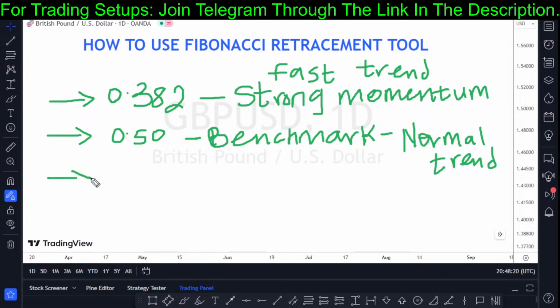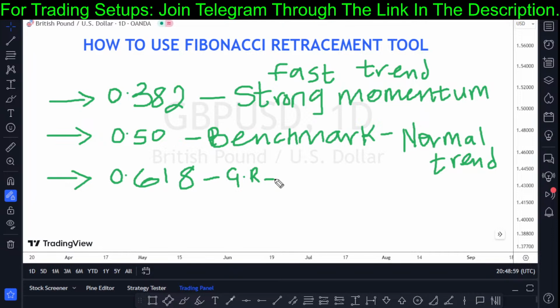The next level is what we call the golden number, the golden ratio, the 0.618. This is used when the market is flowing, not too fast and not in a normal direction.